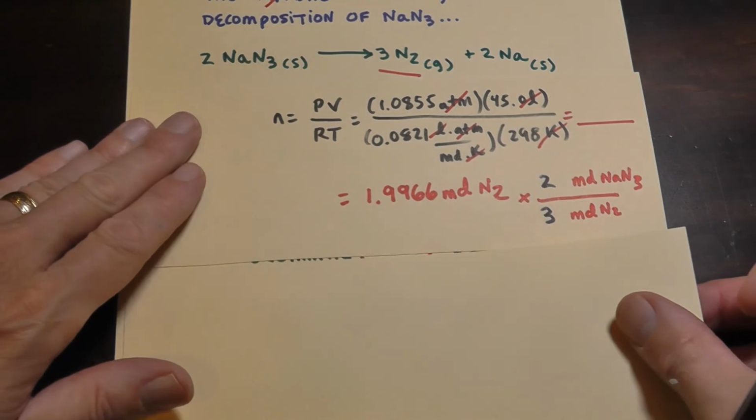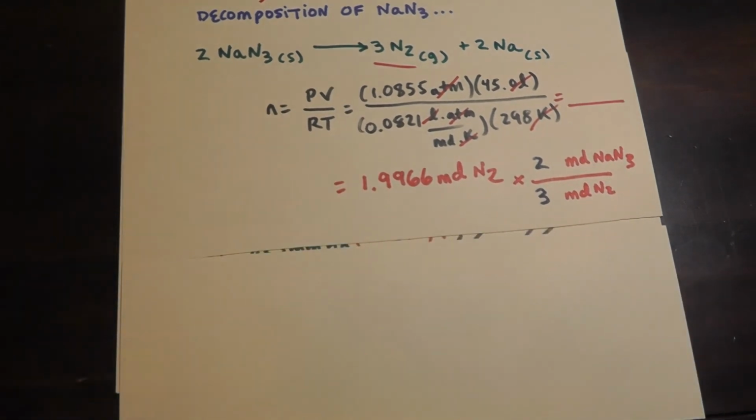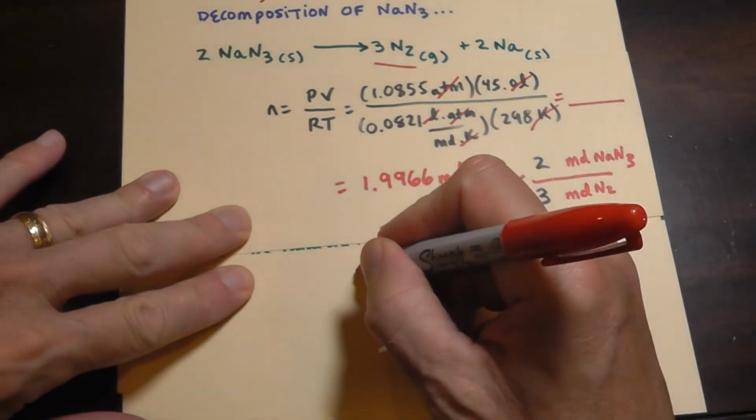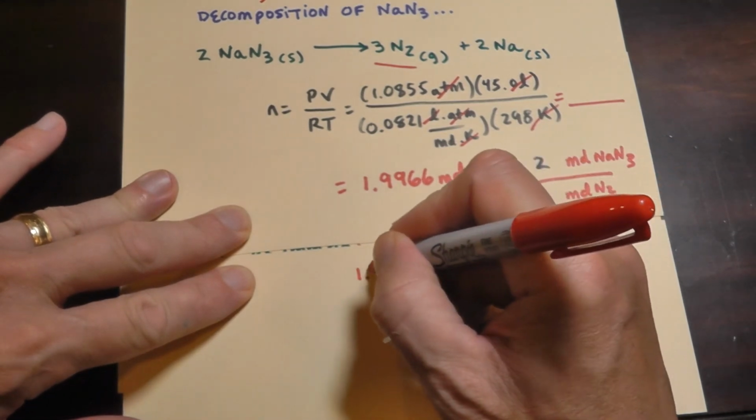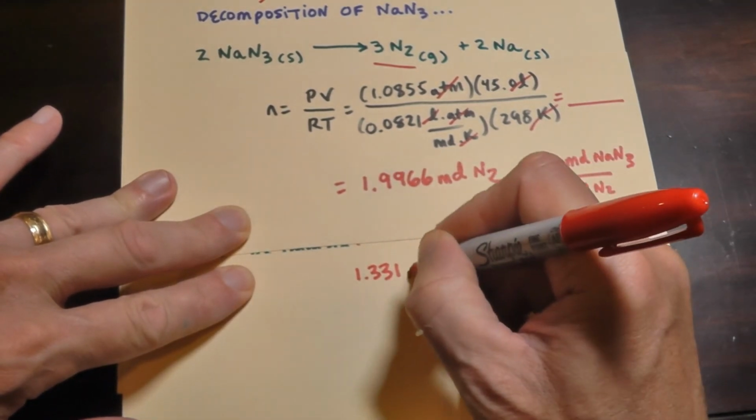And then what happens is, that's moles. The problem is asking for grams, but let's go ahead and just take a little break after this. So times 2, and then divided by 3 is 1.331 moles of NaN3, sodium azide.